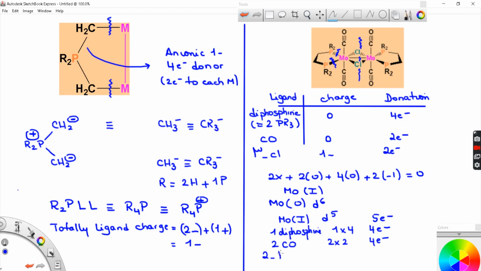And we have 2 mu Cl minus. Each Cl is 2 electron donor to Mo, so 2 times 2 equal 4 electrons. And we have 1 metal bond, which is count 1 electron for each center Mo, so it's 1 electron. As total electrons, we have 5, 4, 9, 13, 17, 18. So this is a complex of 18 electrons.